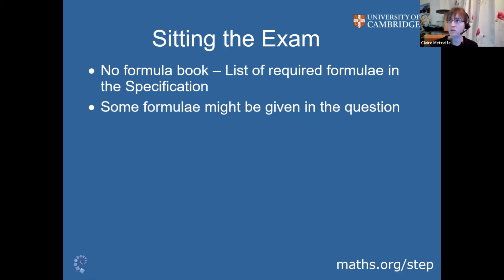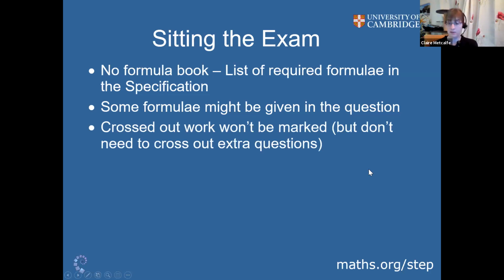So if there's a question where we feel that getting them to derive a standard integral during the question is going to take them too long, we might give them one of the standard integrals, saying you may use this result. Sometimes also you get things like, you do not need to worry about issues of convergence in this question. That's to stop those students who are very keen on trying to prove that something actually converges and look at the tail and spend lots of time doing that. So there are quite often hints and support in the question.